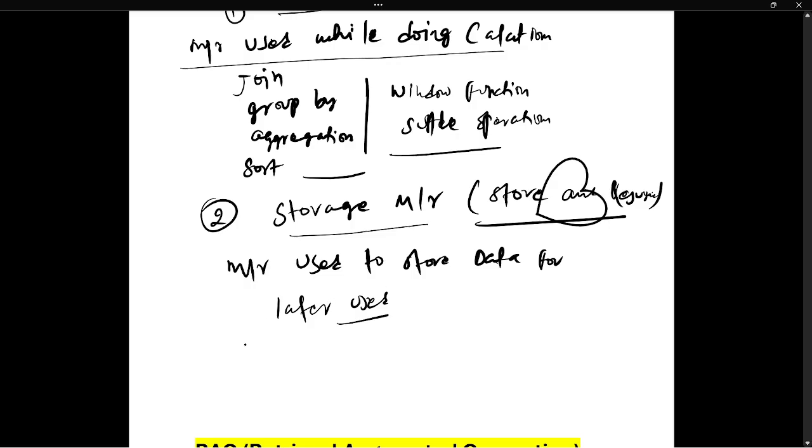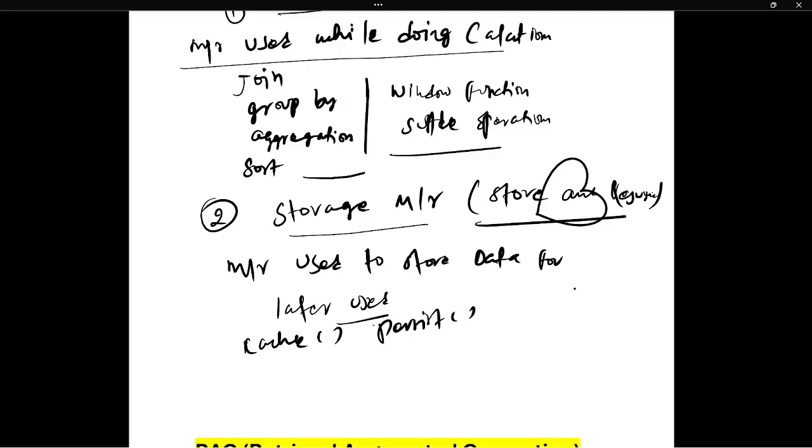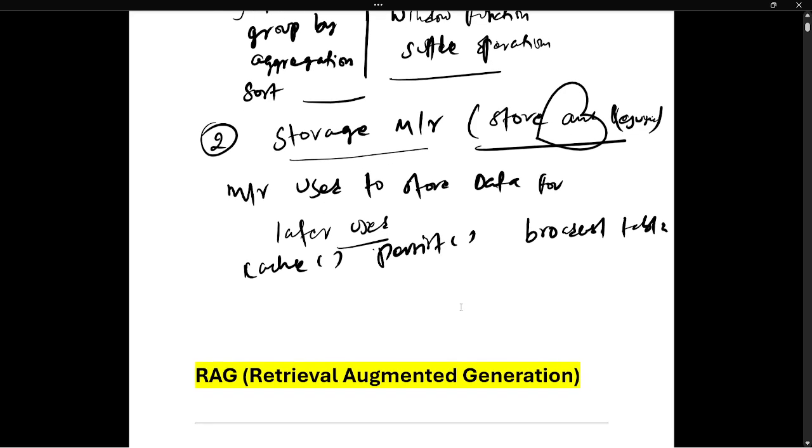What are the examples we have? We have cache, persist, broadcast table. These are the examples where we are using storage memory.